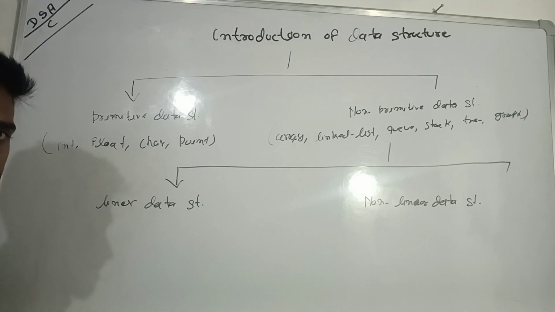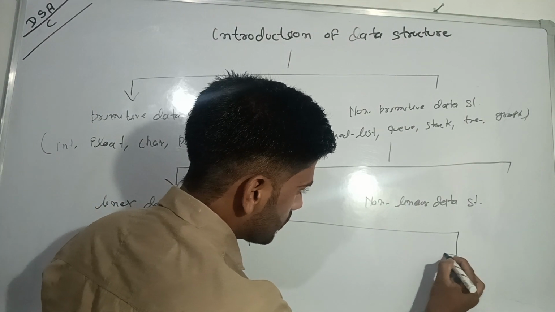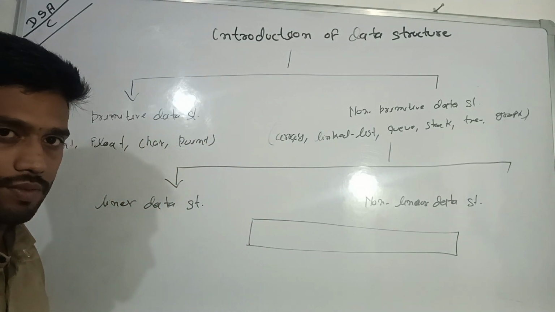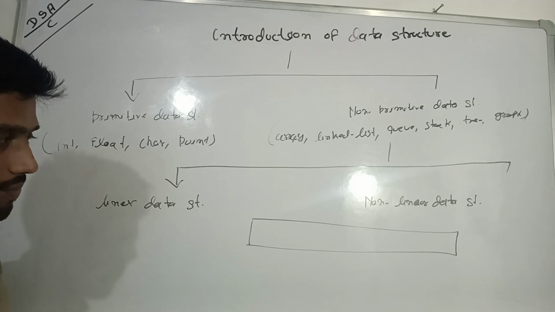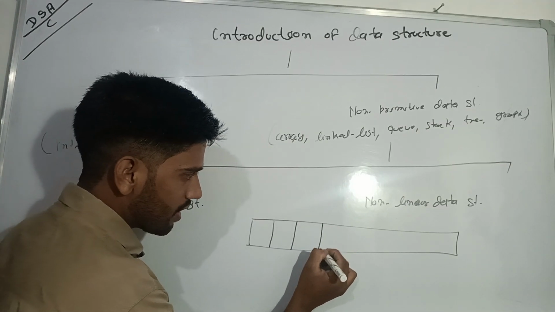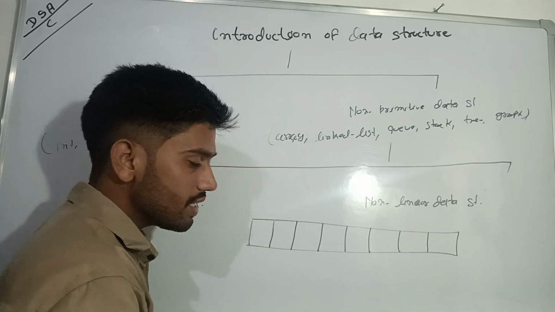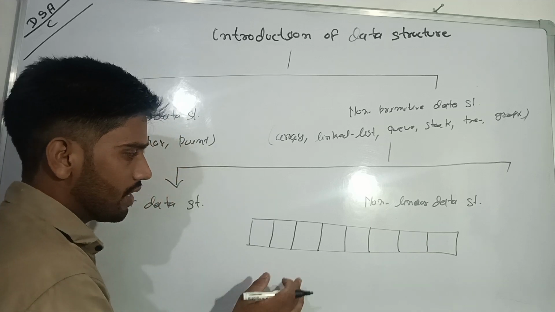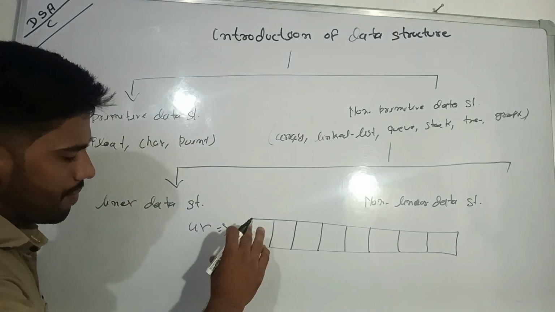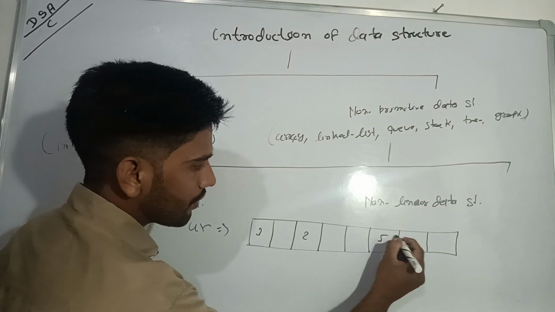In the linear data structure, all the data is arranged in a sequence. Like I say, array. In the memory, all the data is arranged in sequential order. In the array we cannot manage the data like here is a 1, jump to 2, jump to 5, jump to 6.